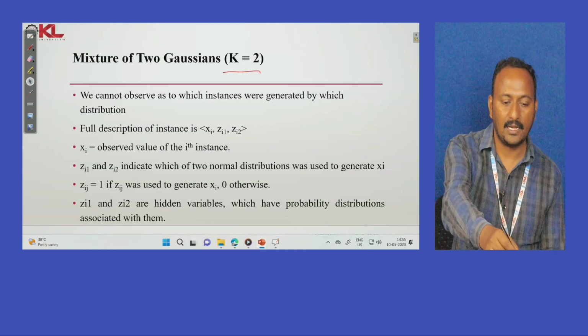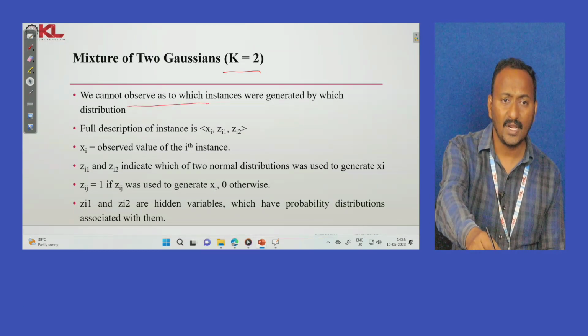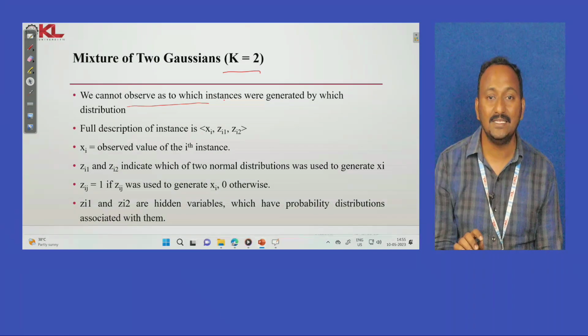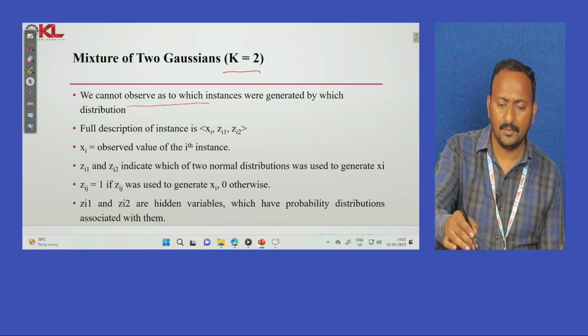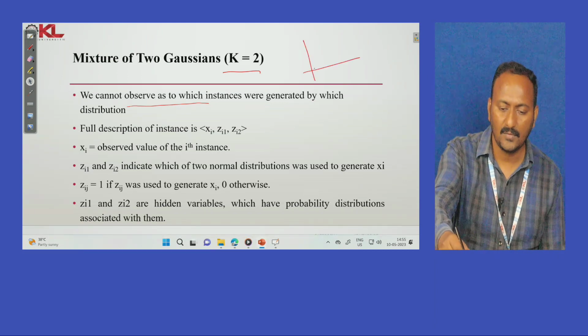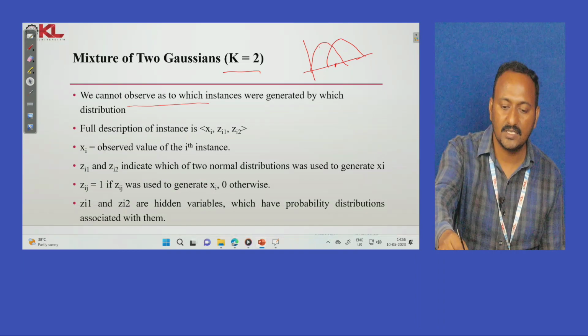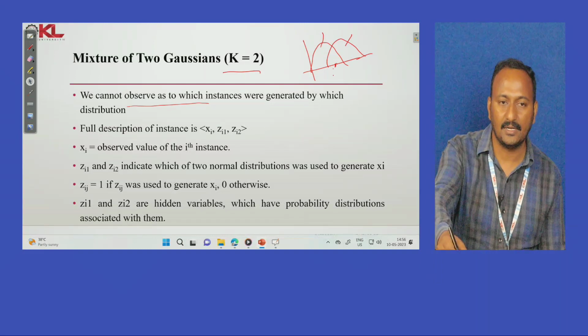Here we cannot observe which instances were generated by which distribution. If we have two distributions, and we consider one instance, we are unable to identify whether this distribution generated this instance, or the other distribution did.